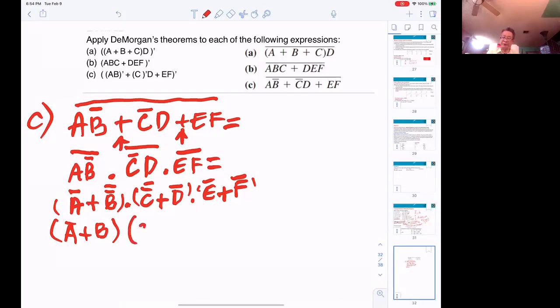And will be time to C or not D. Then they will be N to not E, not F. See, the time is too fast. Almost.